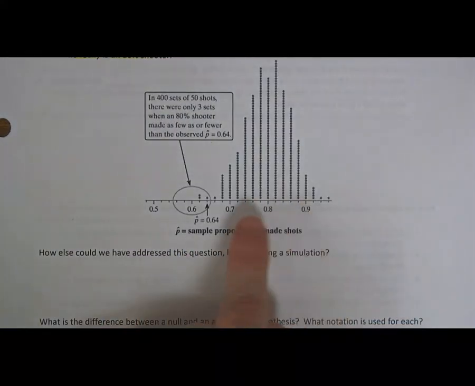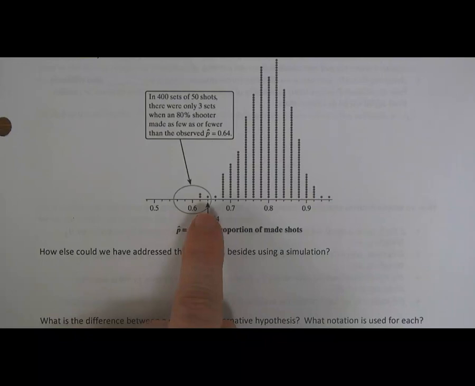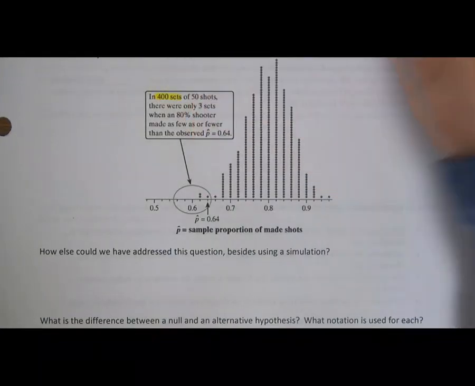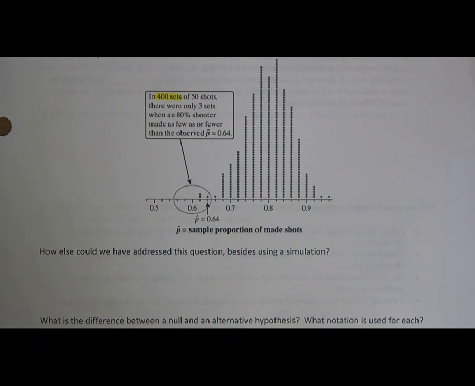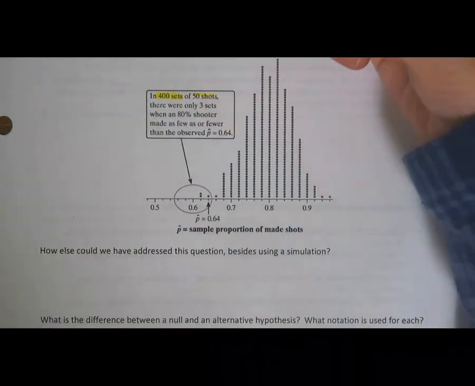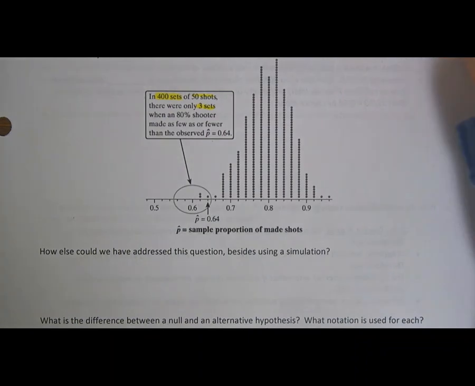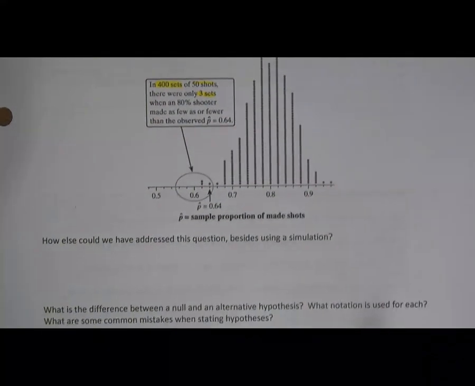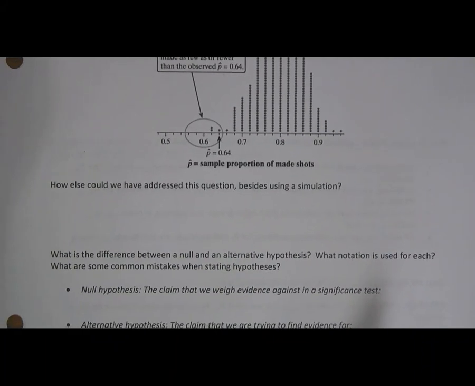I want you to look at how many times out of 400, so in this simulation there are 400 dots here, out of 400 sets of 50, only 3 of those times did a shooter make 64% or worse. 3 out of 400. So keep that in mind.